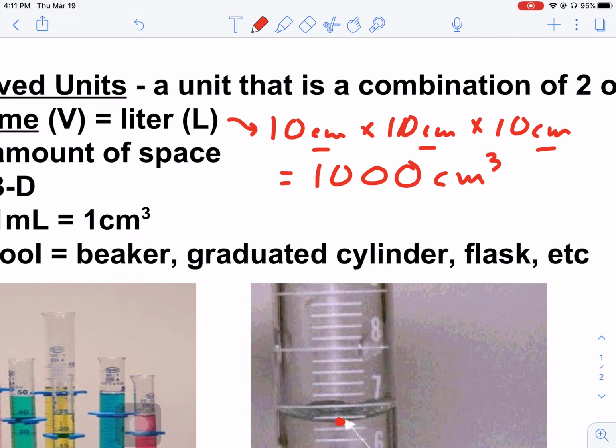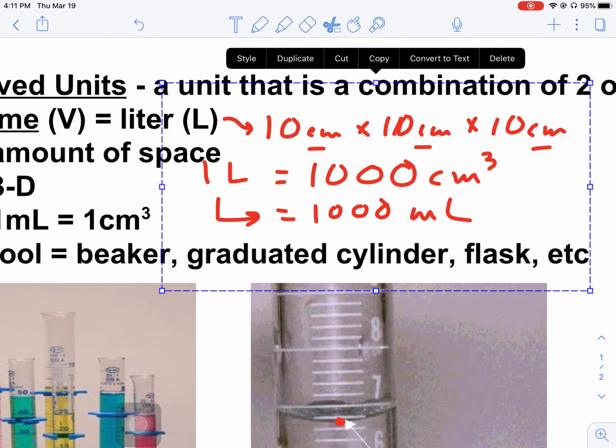So 1,000 cubic centimeters is exactly equal to 1 liter. And on a footnote, 1 milliliter is exactly equal to 1 cubic centimeter. So a liter is also equal to 1,000 milliliters. It looks like a base unit in that a liter is kind of a standalone unit, but realize that a liter is a function of length and width and height.